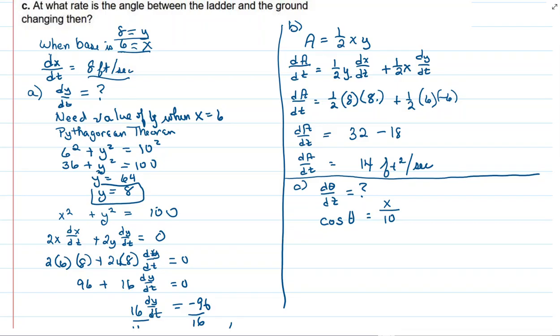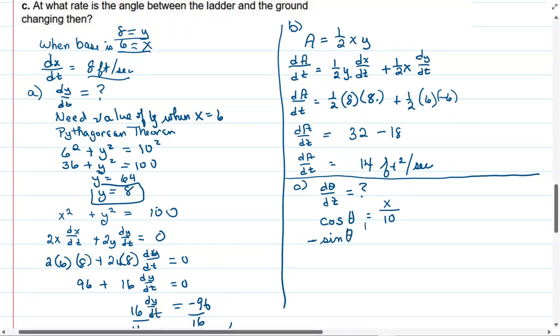SOHCAHTOA. But we're going to get there. All right. First, we're going to take the derivative. I'm going to have negative sine of theta d theta/dt equal to 1/10 of dx/dt. Did I lose anybody there?